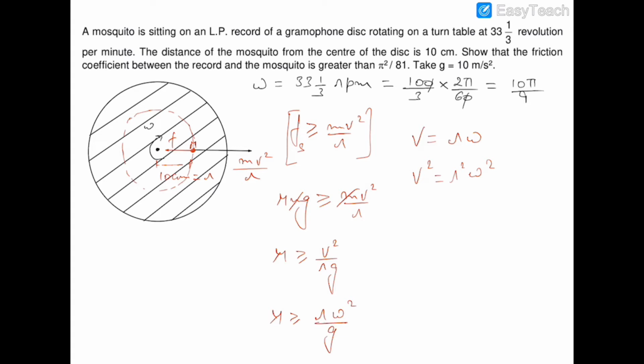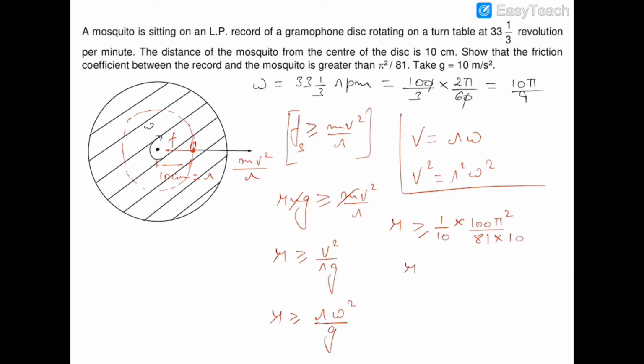Now r is 10 centimeter, which is 1 by 10 meters, omega is 10 pi by 9, omega square will be 100 pi square by 81, and g is 10.